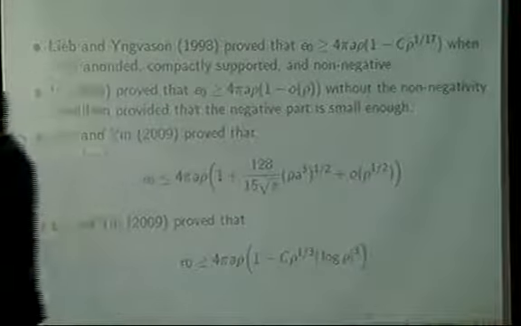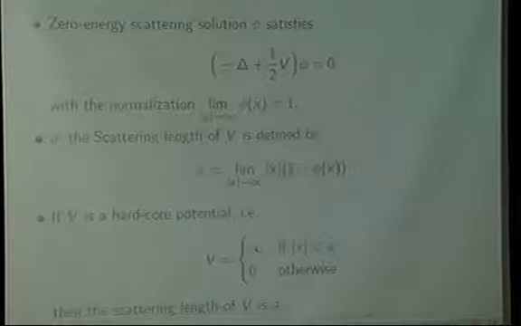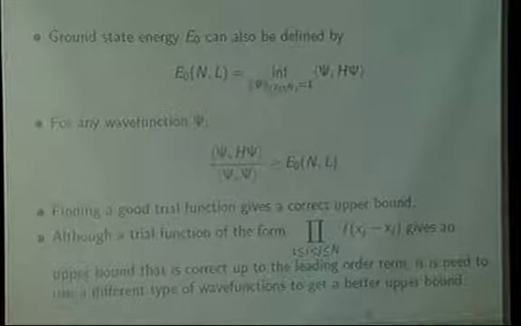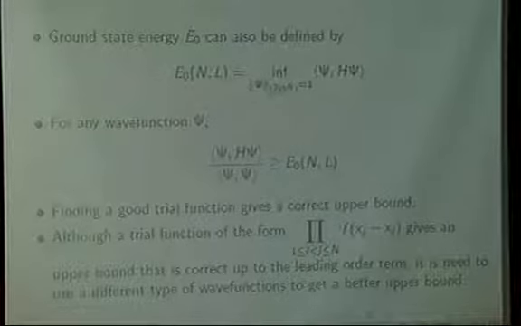So this logic means that we want to change all the arguments into the case of hardcore potentials, at least physically. Okay, but then we need to prove an upper bound and a lower bound.